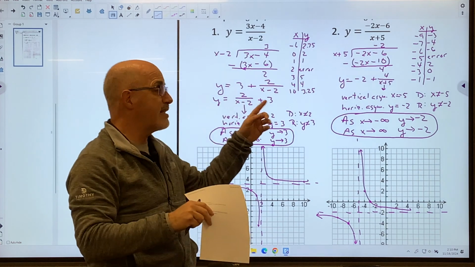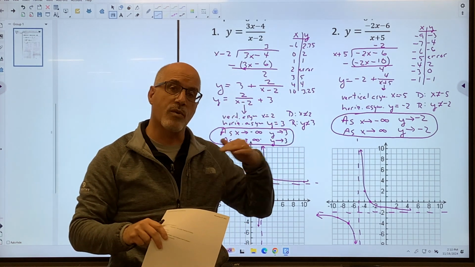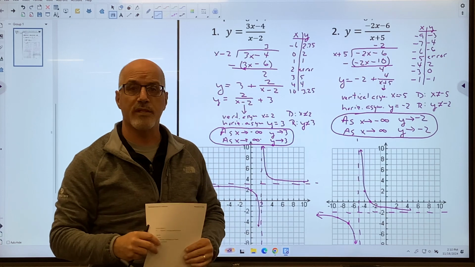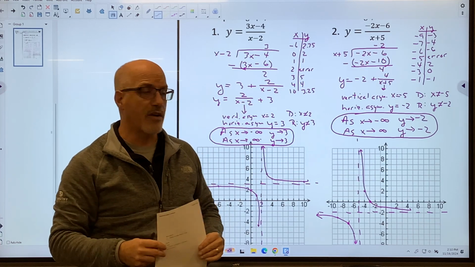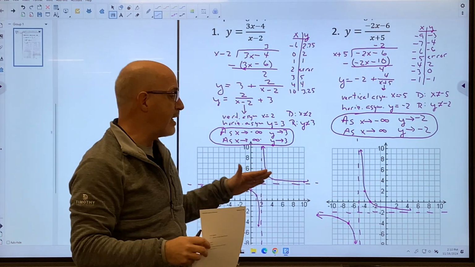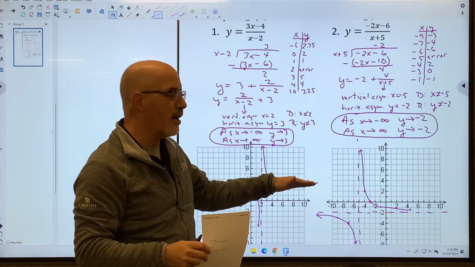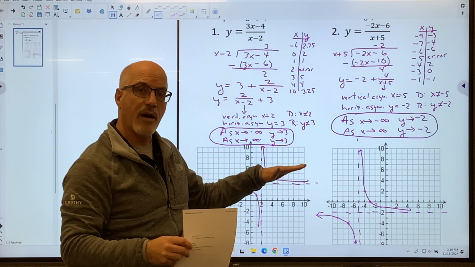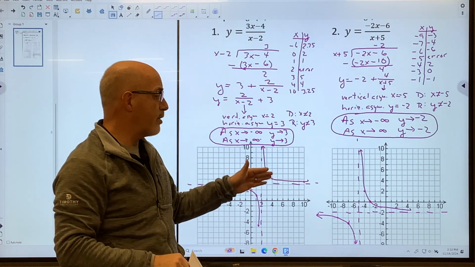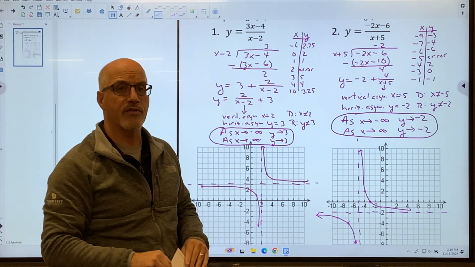Look at the constant that's outside of it, that will give you your horizontal asymptote. And then the new addition that we added was to look at end behavior. And end behavior here doesn't go to infinity and negative infinity. It instead comes in on these asymptotes when we graph these specific polynomial over polynomial rational functions.